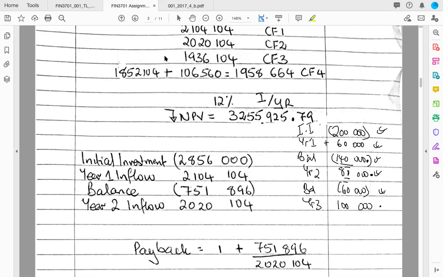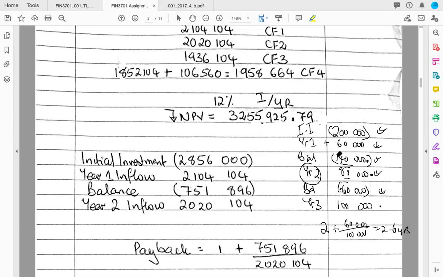And then we can calculate our payback, the number of years to get back our initial investment. We can then say our payback is going to be 2 years plus 60,000 over 100,000, which would be 2.6 years. It was just an example.